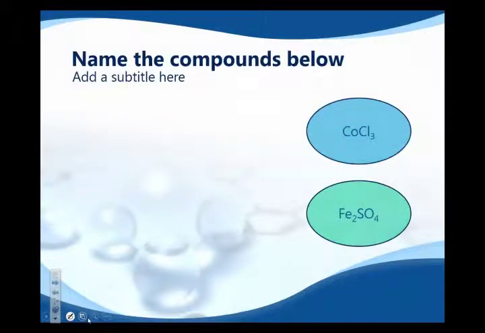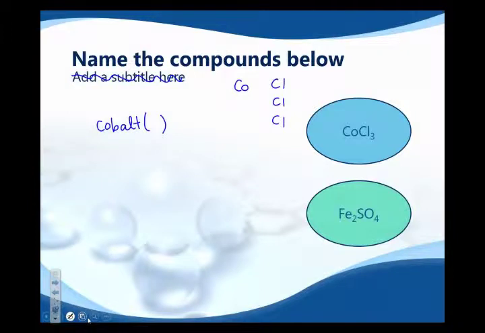Okay, let's do this again. I've got CoCl3. I checked my periodic table first to verify whether that Co, which is cobalt, is a transition metal or not. It is. And so I can name cobalt first. Now we need to figure out the charge on the cobalt, which I'm going to put in parentheses. I've got 1 cobalt and 3 chlorines.